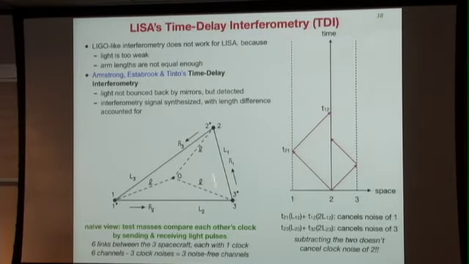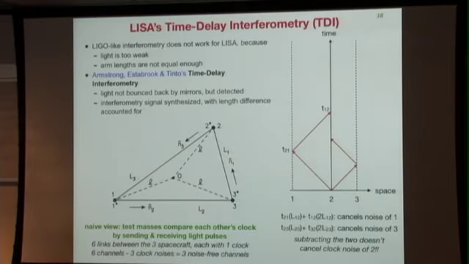If you have 3 arms that are unequal in general, the naive view is that you have 3 clocks, you send signals to neighboring clocks, and you compare the clocks. You make up 6 channels because you have 6 links of signals, and you have 3 clock noises in terms of linear algebra dimensions. When you subtract these, you have 3 noise-free channels, where you cancel the laser noise.